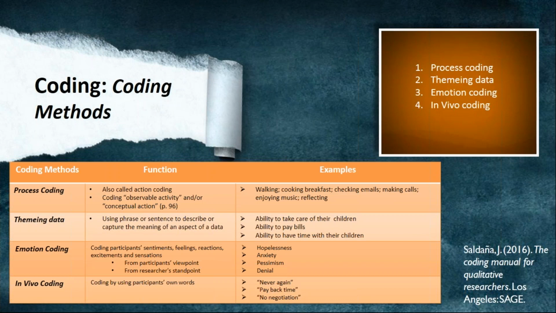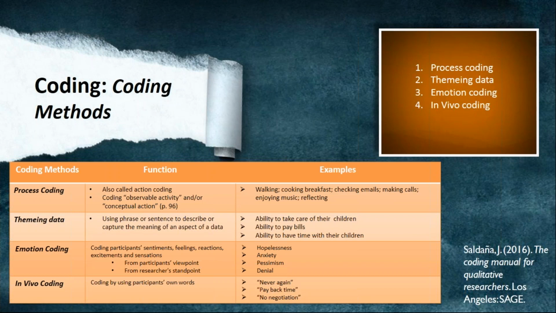I'm very anxious. I don't know what to do. There's nothing good is going to happen. You see, based on that information, you can capture their emotions: hopelessness, anxiety, pessimism, or the person is in denial. You are trying to capture their feelings, reactions, and excitement about an issue or about an experience.